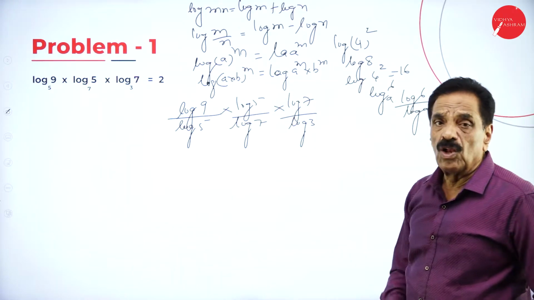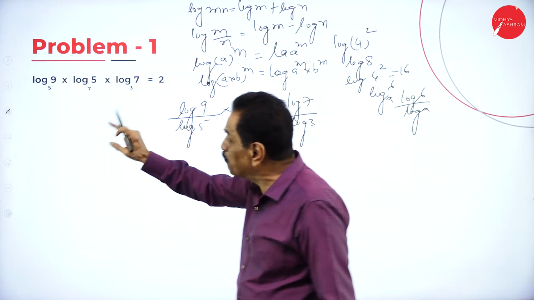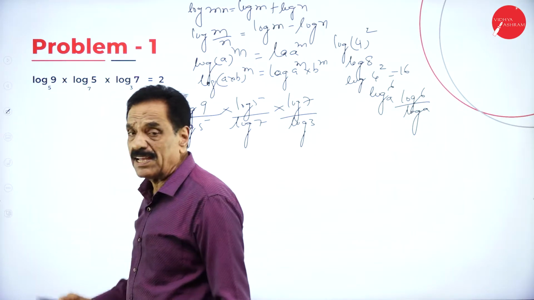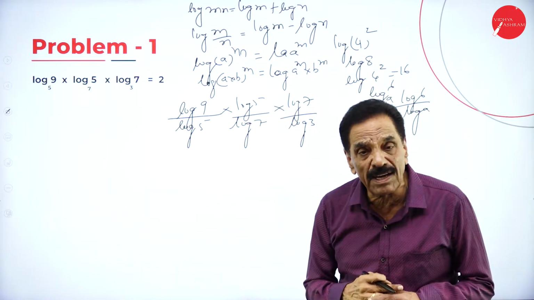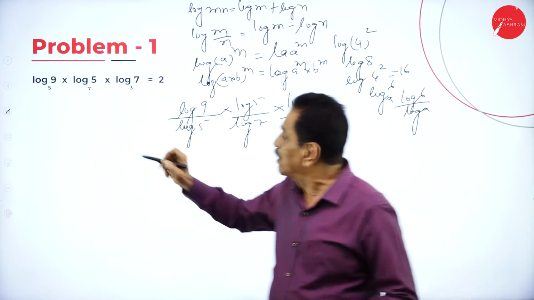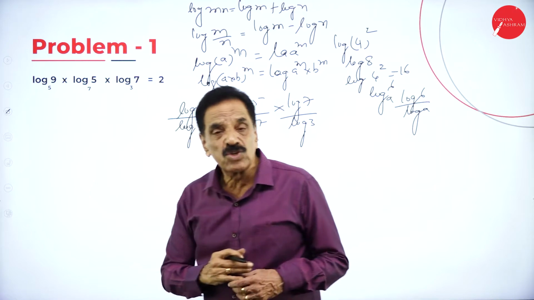Log 9 divided by log 5 is log 9 to the base 5, log 5 divided by log 7 is log 5 to the base 7, and log 7 divided by log 3 is log 7 to the base 3.